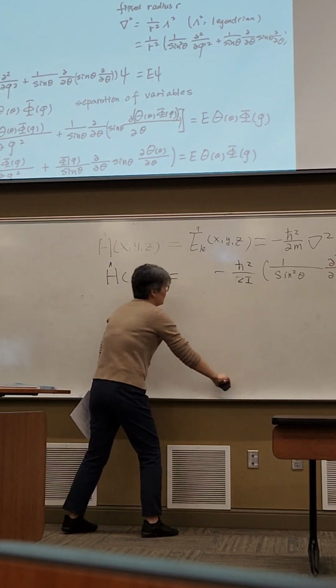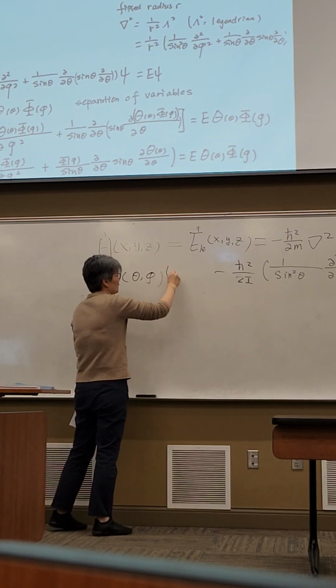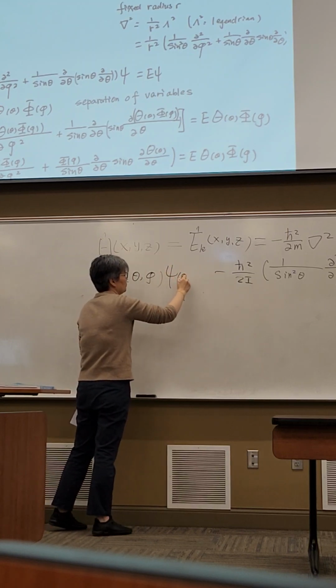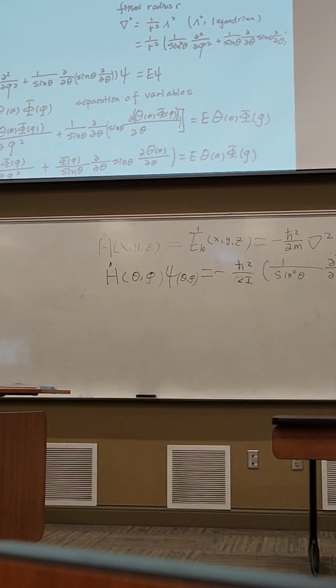Now, I will operate onto the wave function. Okay, I don't want to rewrite the whole thing again. You guys all follow me, okay? So I have a Hamiltonian operator operate onto the wave function.